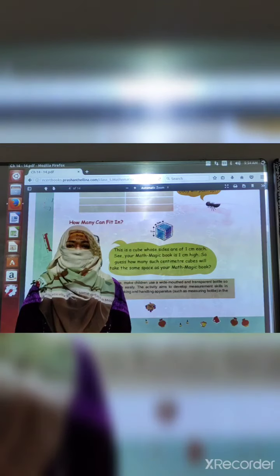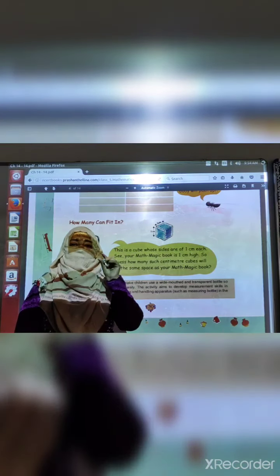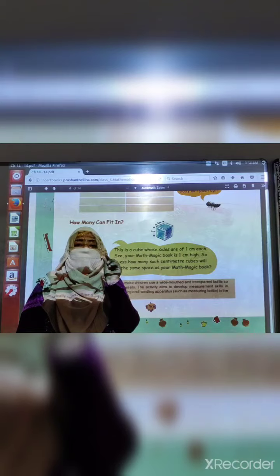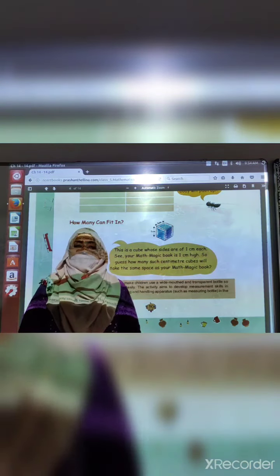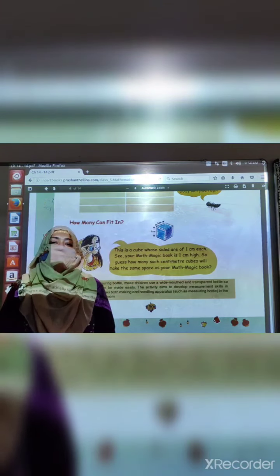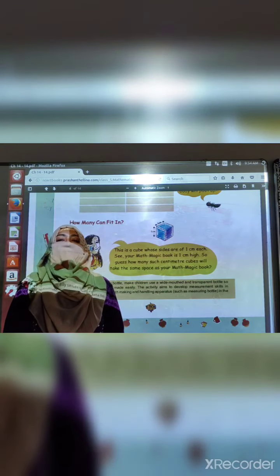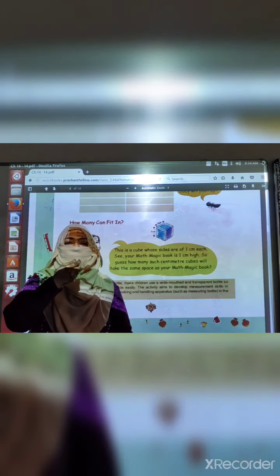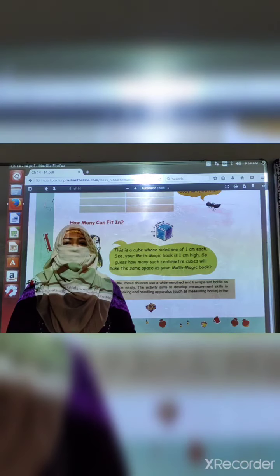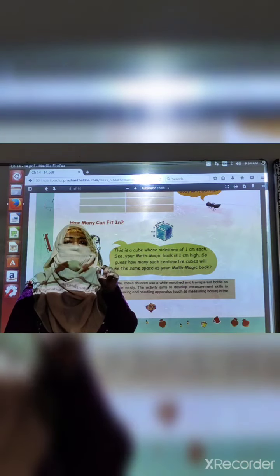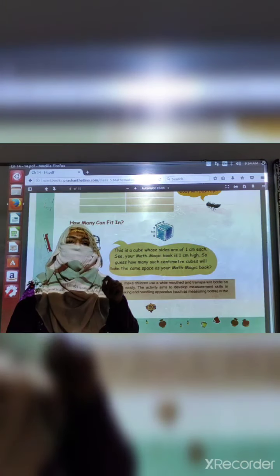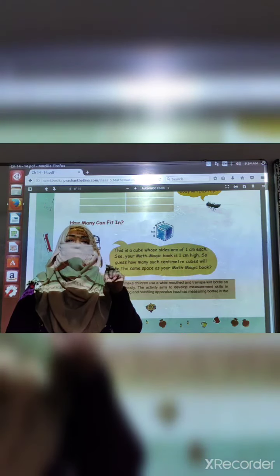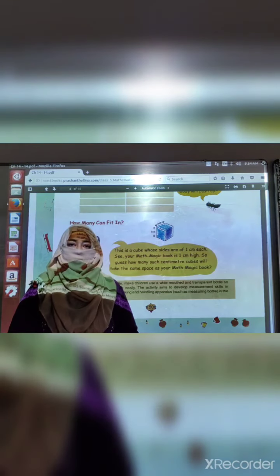Now what is a cube? I'll show you. A cube is a small dice kind of thing, 1 centimeter. You might have seen it while playing Ludo or snakes and ladders. The dice you put in the game has 1 dot, 2 dots, 3 dots, 4 dots, 5 dots and 6 dots.